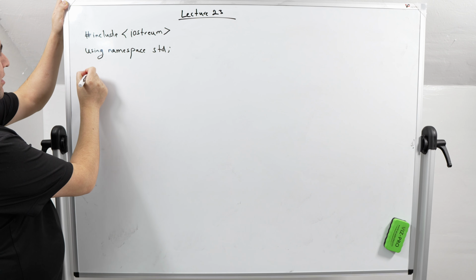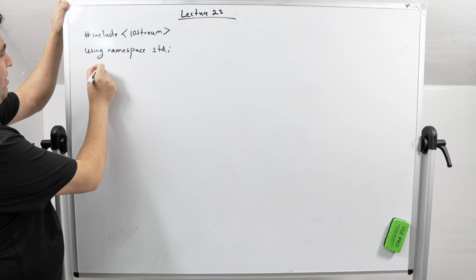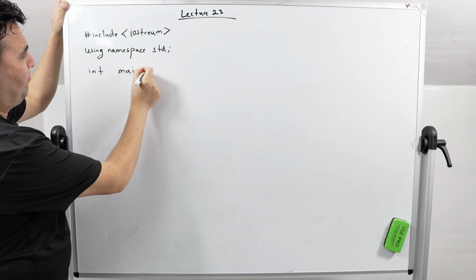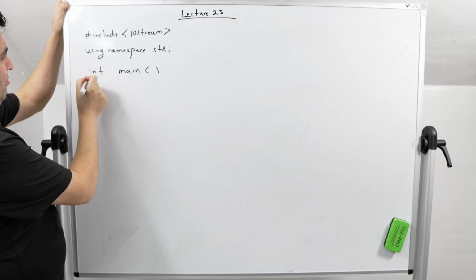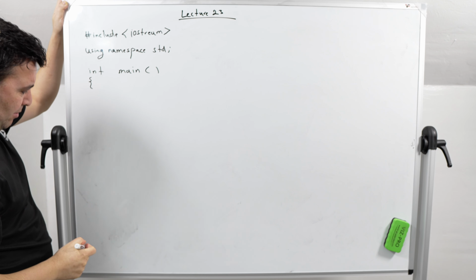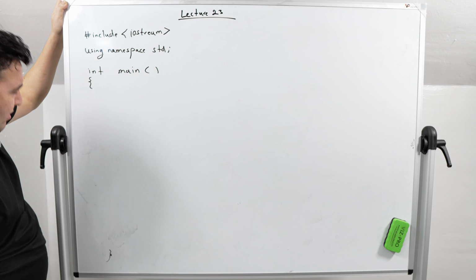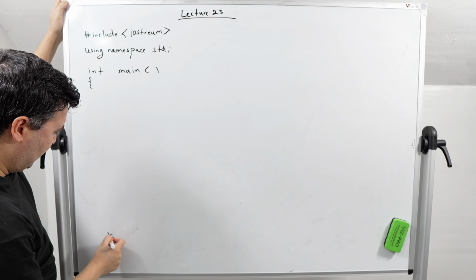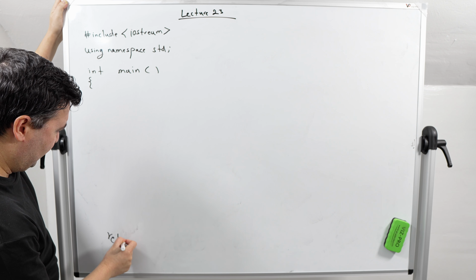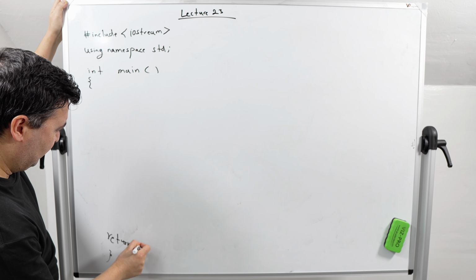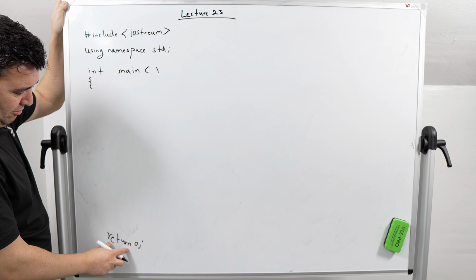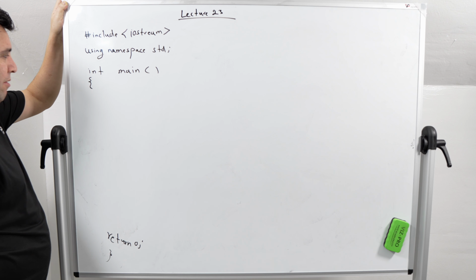And then we declare our main function, int main. We open the curly brace, the body of the main function, and we close it. And at the end of the main function, we write return 0, which is the last statement in our program.